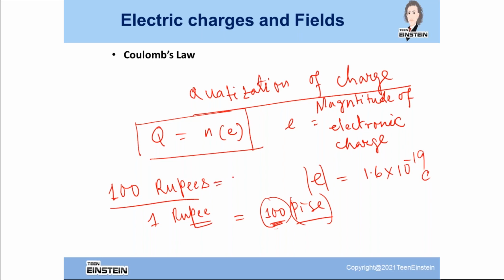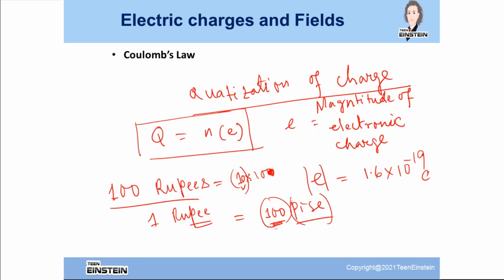This is a number. 100 is a number. Similarly, if I say 100 rupees, I can express in terms of 1 rupee into 100, in terms of 1 rupee unit. So in that case I can take the basic unit as 1 rupee.